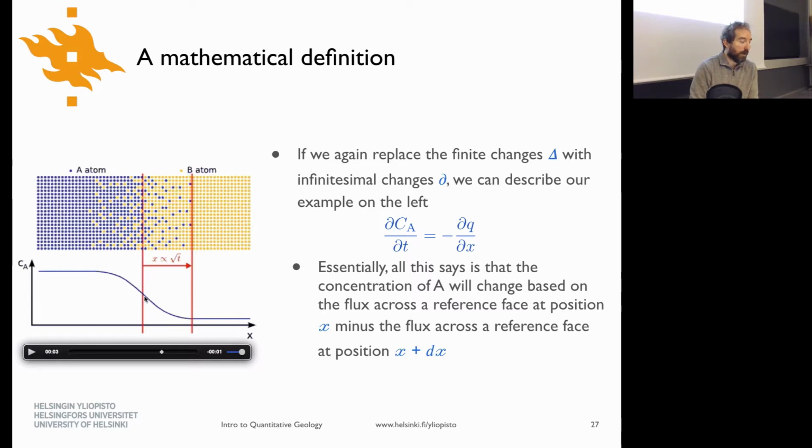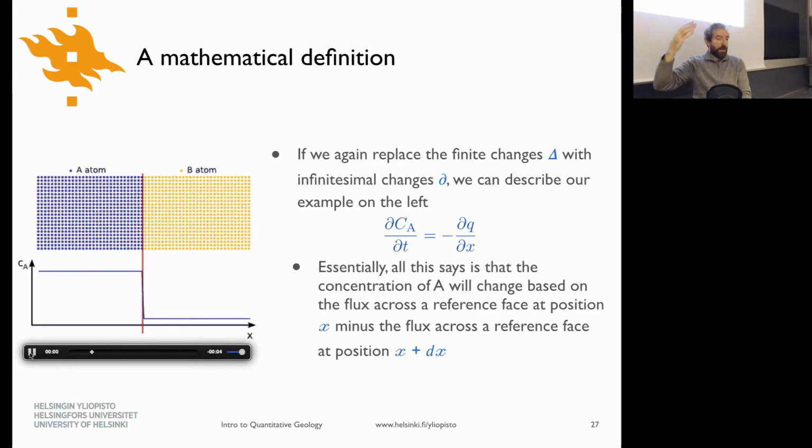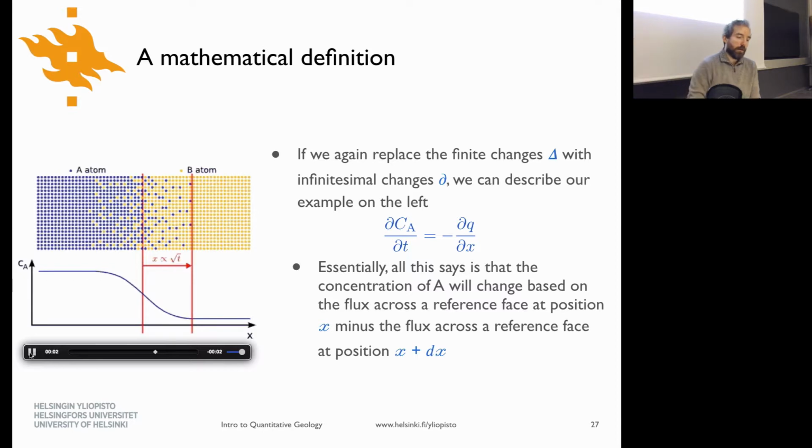If we consider the point here as our x1 and x2 was somewhere over here, and q1 is bigger than q2, we should expect more material being transported from this region over to the right. That's what we're seeing: these atoms of A are moving off to the right with time.